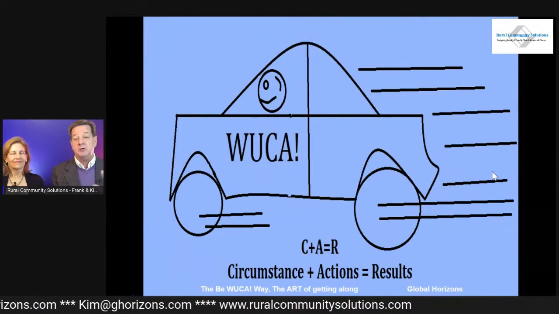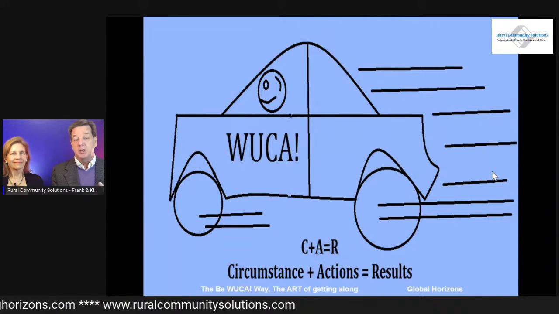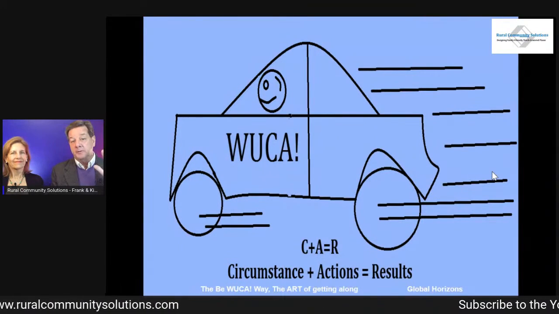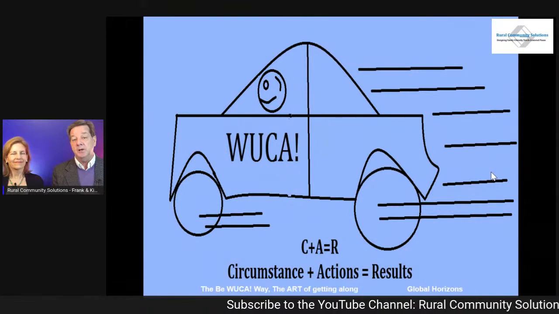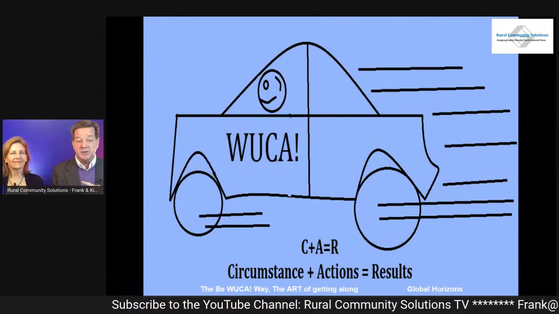You are driving your car to get the results that you want. You are driving your car from your circumstances to your actions to get the results that you want. So check your actions. Your actions will determine where you're driving that car to get those results.